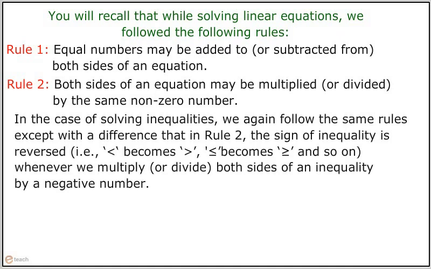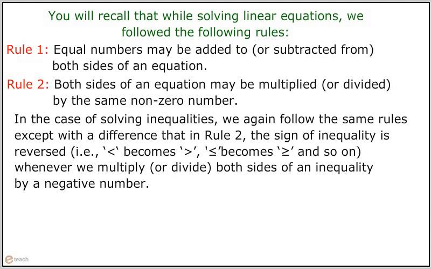In the case of solving inequalities, we again follow the same rules except with a difference that in rule 2, the sign of inequality is reversed. That is, less than becomes greater than, less than or equal to becomes greater than or equal to, and so on.